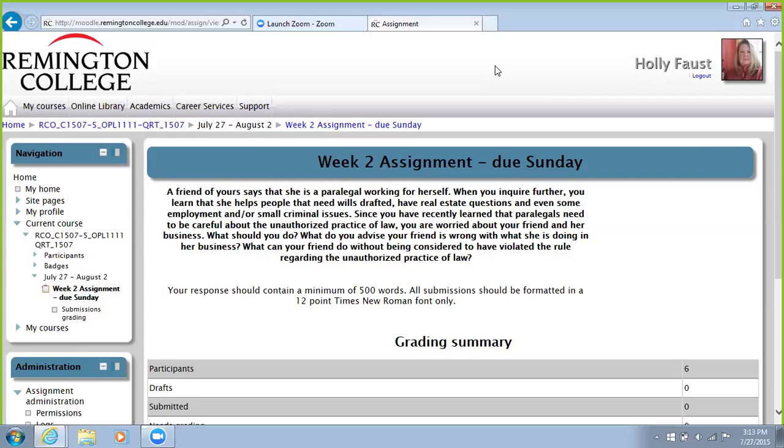Paralegals have the ability to assist. Paralegals have the ability to do research, and to be quite honest with you, it can be a very easy line to cross because as a paralegal, you might have more practical knowledge about a case than the attorney does. Lots of times it is the paralegal who's doing the research.